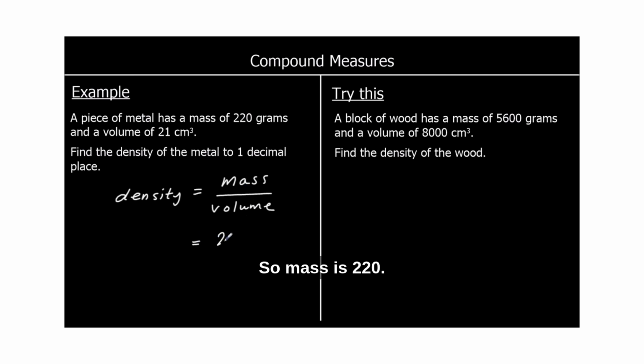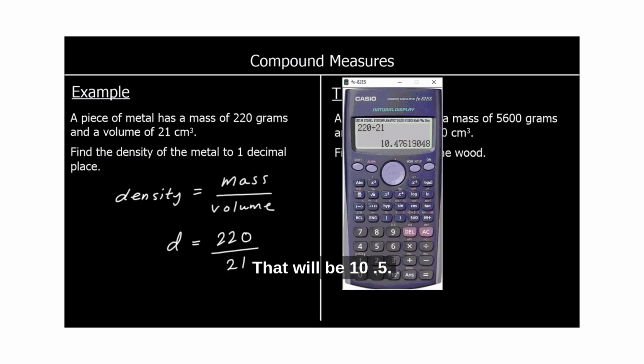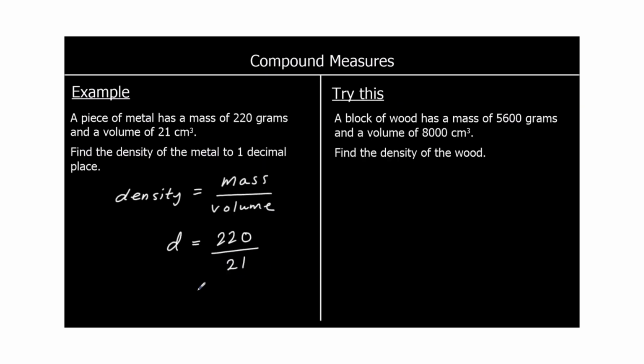So mass is 220. A volume of 21 centimeters cubed. Find the density of the metal to 1 decimal place. So density is 220 divided by 21. And to 1 decimal place, that will be 10.5.